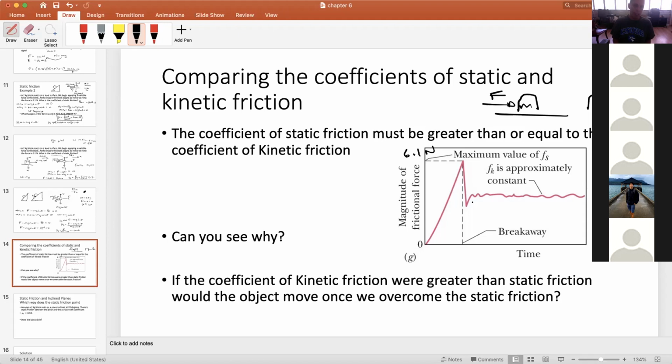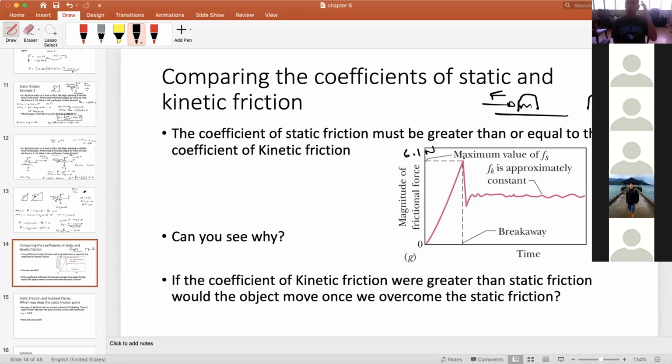But this little chart, which is in your book, really nicely illustrates the difference between static and kinetic friction. Static friction opposes the force until the force overcomes it. And once the force overcomes the static friction, the object begins to move. Once it's moving, friction drops, but stays mostly constant in kinetic friction.